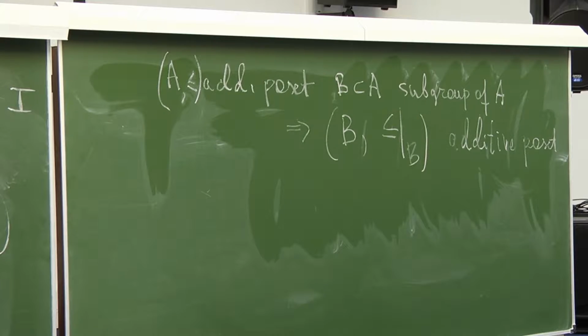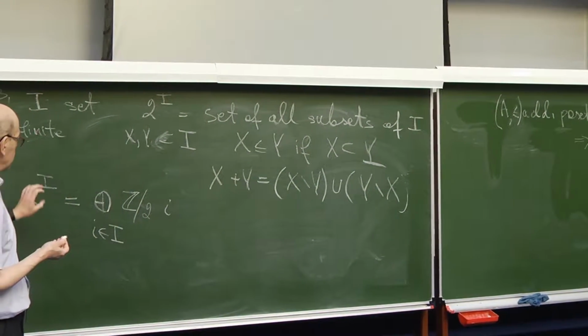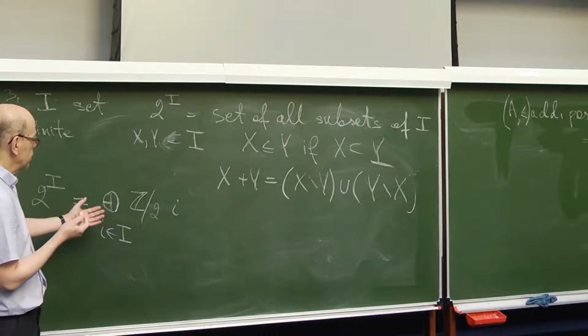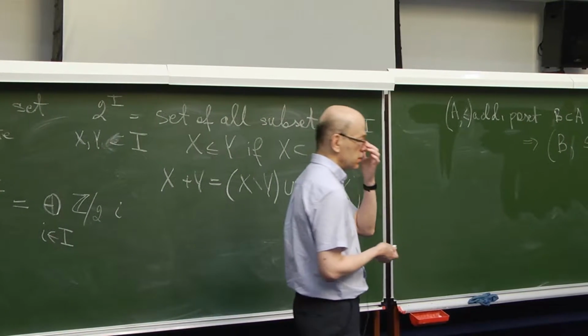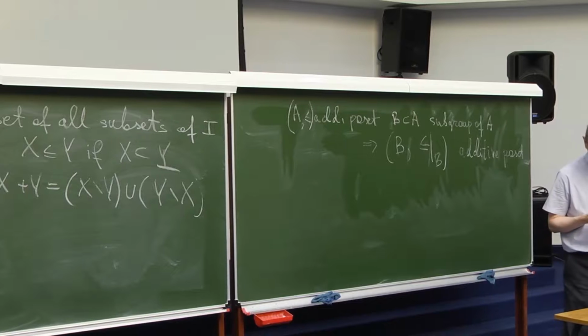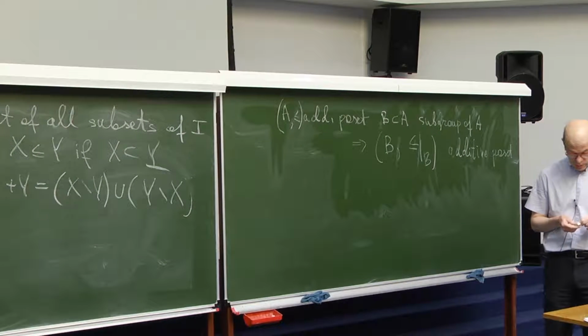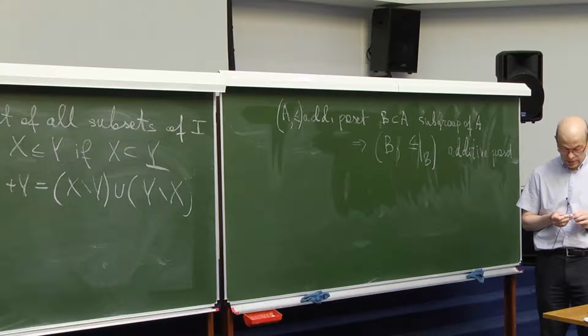Now, starting from here, you can consider additive posets by taking just subgroups or subvector spaces of this vector space. Now, how many are they? That's another question. I'm going to give some kind of construction which shows that there are many.